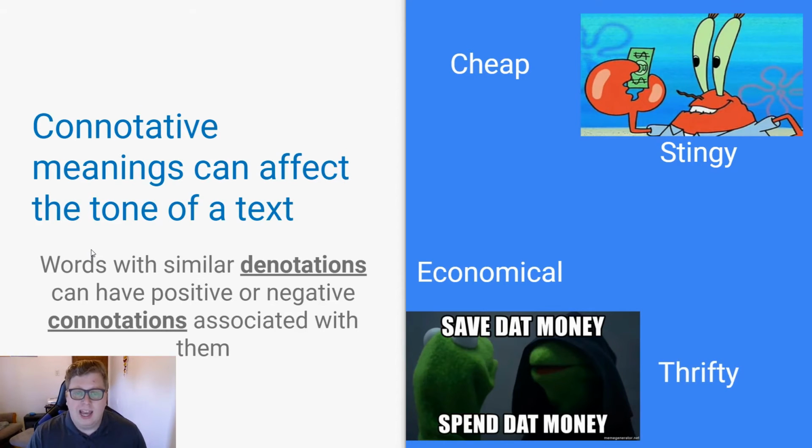Both of these words have a positive connotation or set a positive tone. All four of these words mean very similar things. Essentially, you're careful with money. But two of those words have negative connotations.